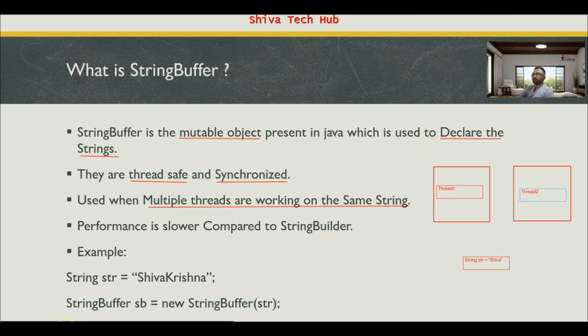So here we have created two threads and they are trying to interact with the same string. If you do it with a normal string, it won't accept. Here I have declared it as a normal string, so it is not a valid scenario. If you want to use multiple threads, whenever you declare a value by using the String class, it is not accepted.